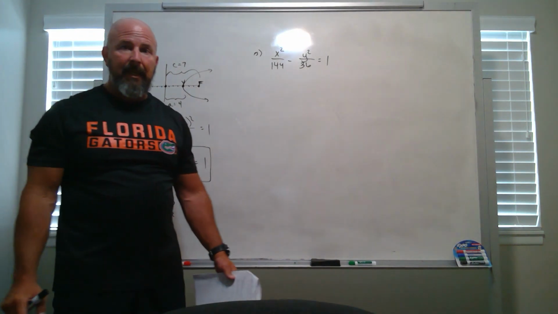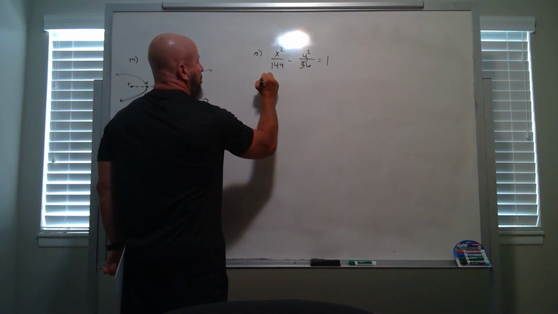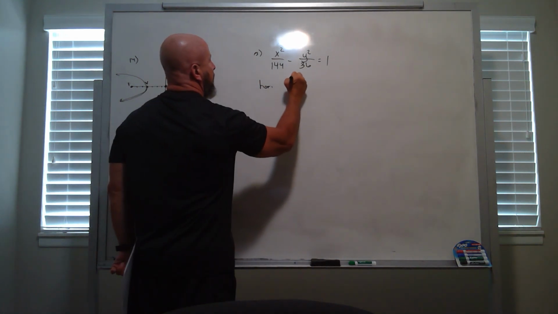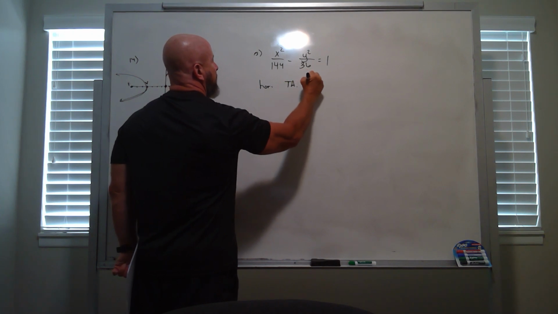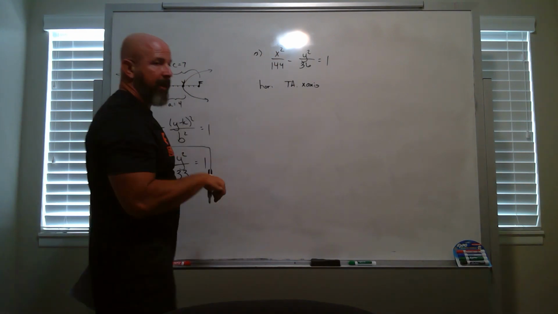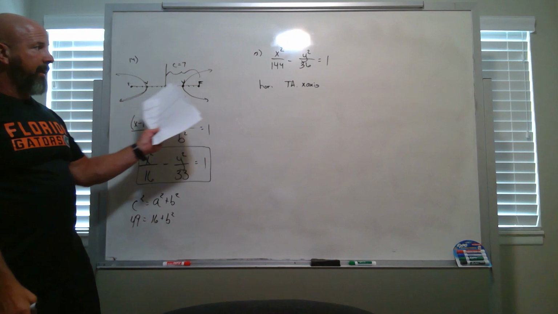That minus is key there. This one has to be a horizontal one. So this means the transverse axis is the x-axis, meaning it's parallel to the x-axis. I know it's horizontal, or transverse axis, x-axis, because that x value is first, similar to what I had here.